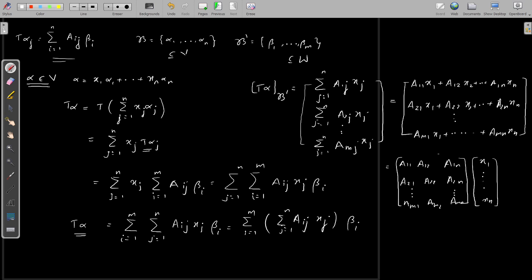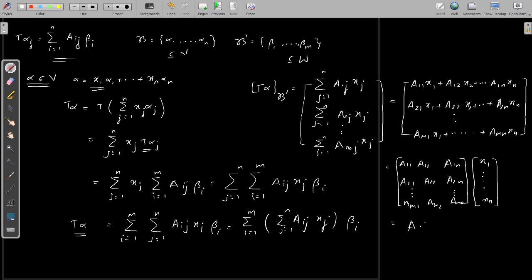So this is the product. This can be written as A times the column x1, x2, xn, which comes from this expression. So any alpha belonging to V can be expressed in this form. Then this x1, x2, xn constitute the coordinates of alpha relative to the basis B.